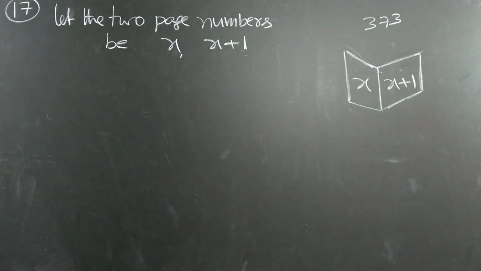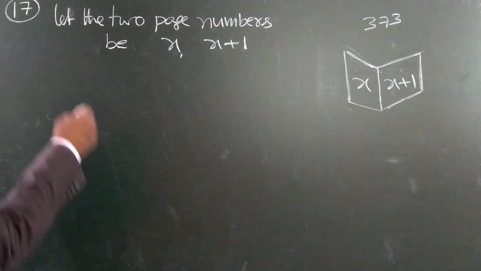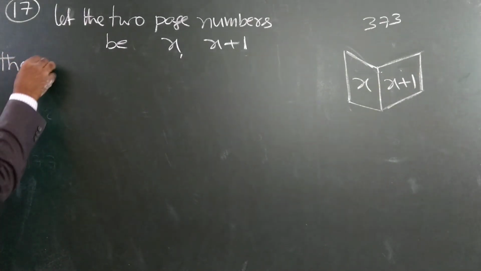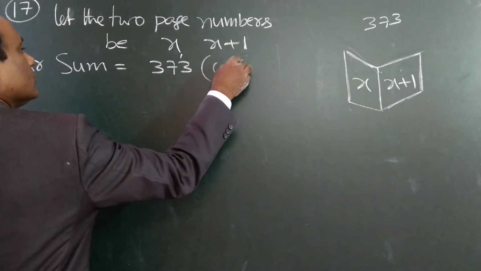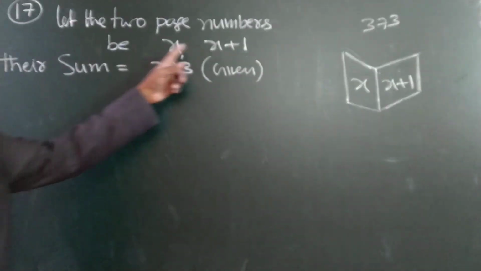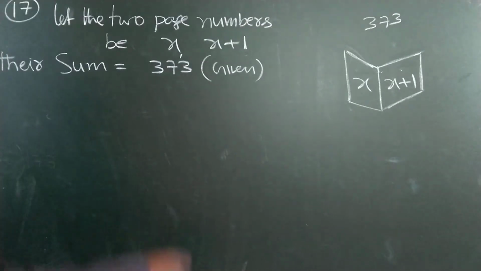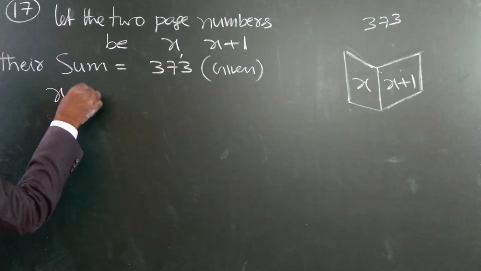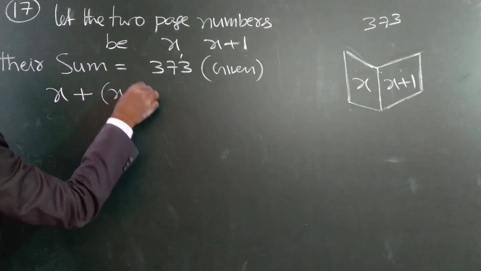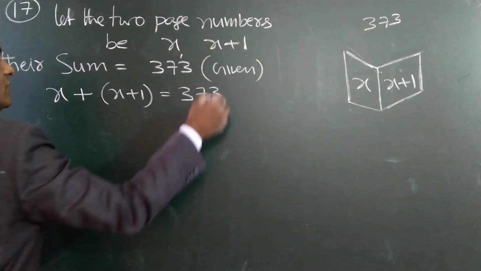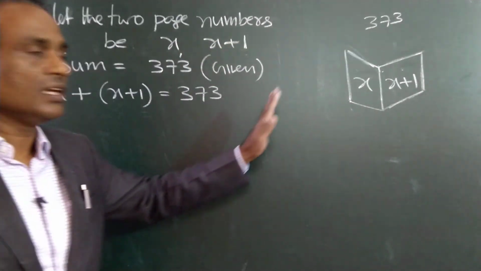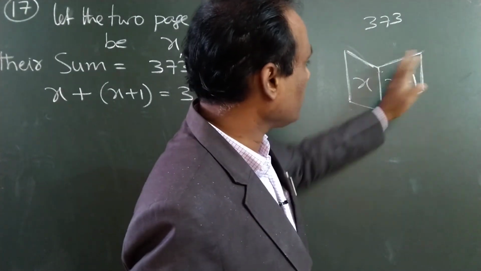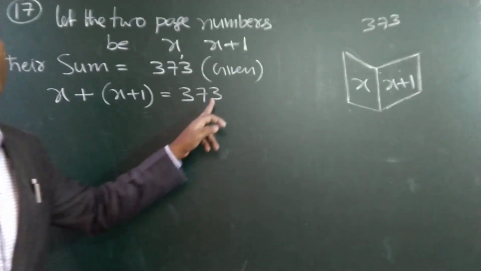The sum of the page numbers is given as 373. First page number x, second page number x plus 1. The sum is how much? 373.